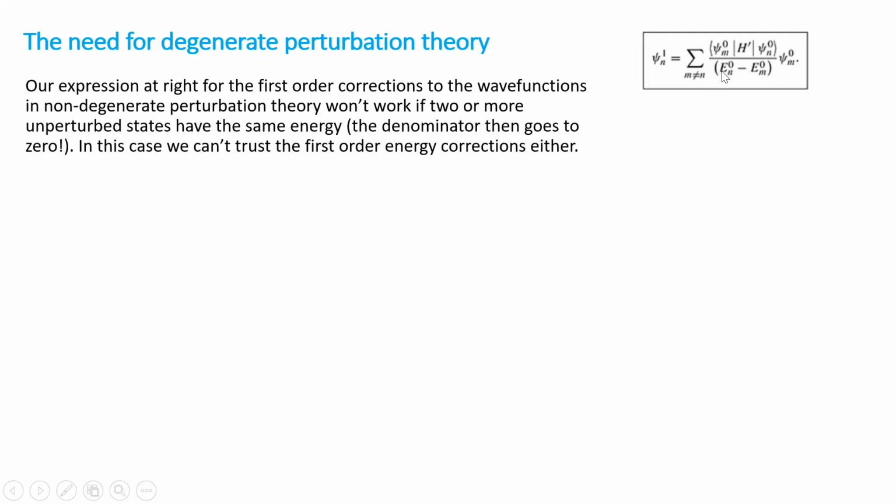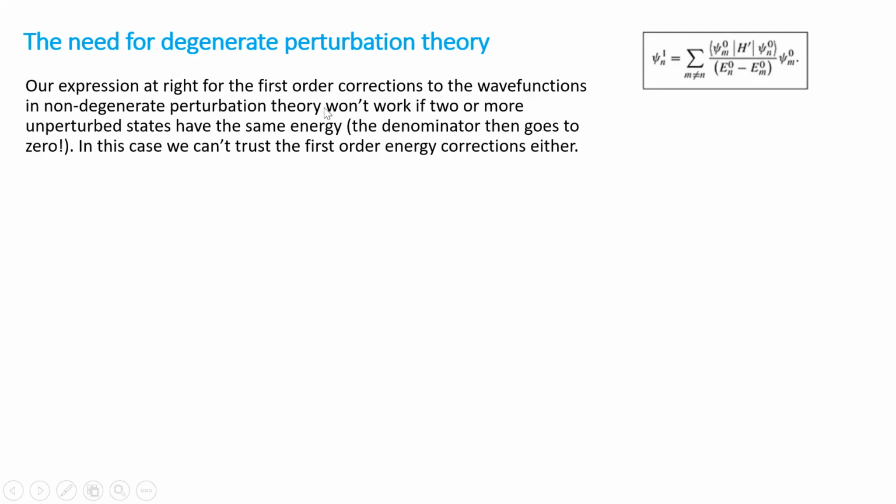So if that difference happens to be zero, which would be the case if states N and M here were what we call degenerate, having the same energy, then this expression would have a division by zero and wouldn't give us a proper wave function for the first order correction.